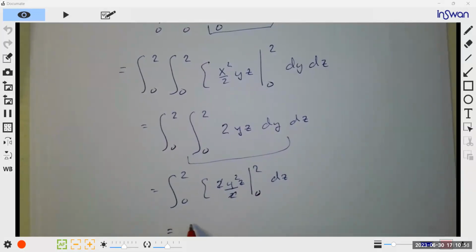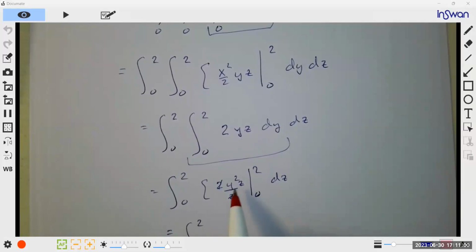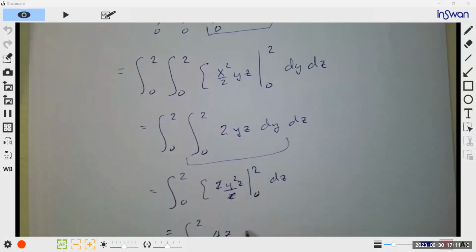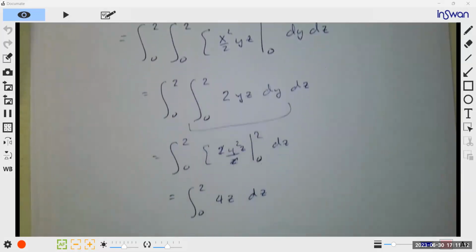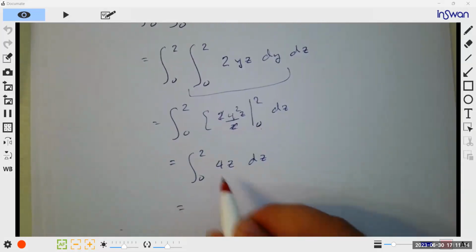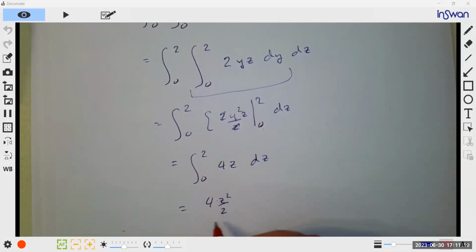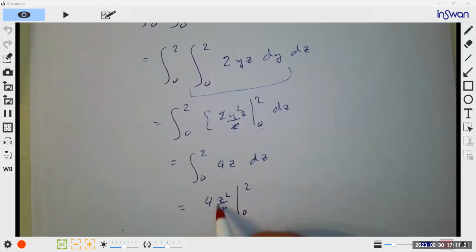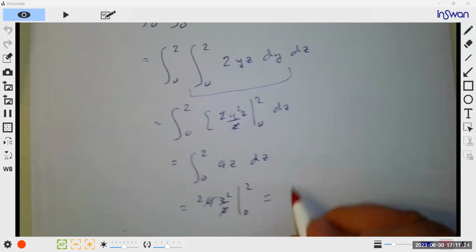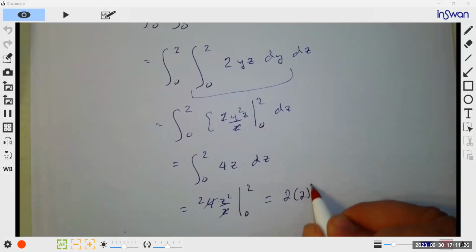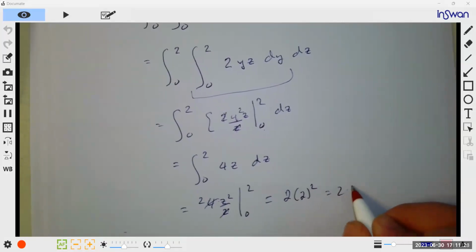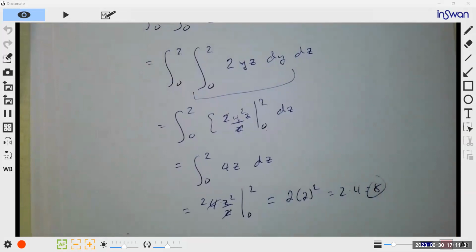Which gives us, again, the 2's cancel. So 2 squared is 4. So it's 4z minus 0. And then integrate with respect to z. We get 4z squared over 2 from 0 to 2. The 2's cancel. So we have 2 squared minus 0, and our integral is 8.